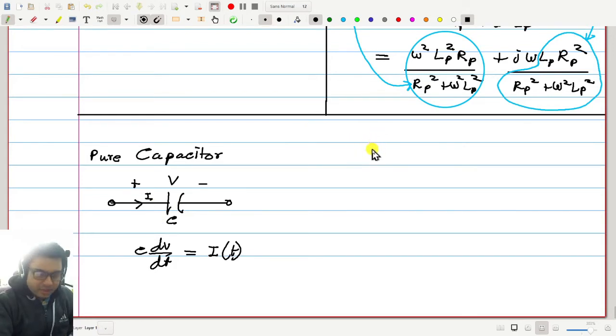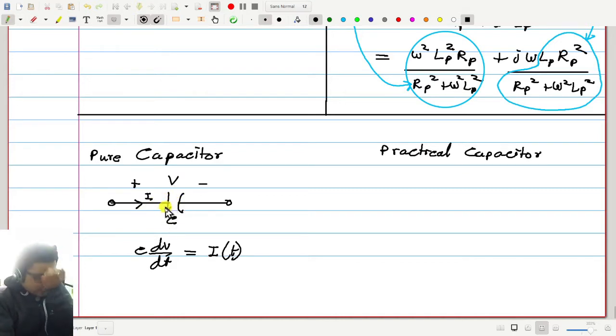But again, a pure capacitor is an ideal thing. A practical capacitor in principle can also have some leakage current through the insulation. Here in this diagram between the two parallel plates we have some insulation.